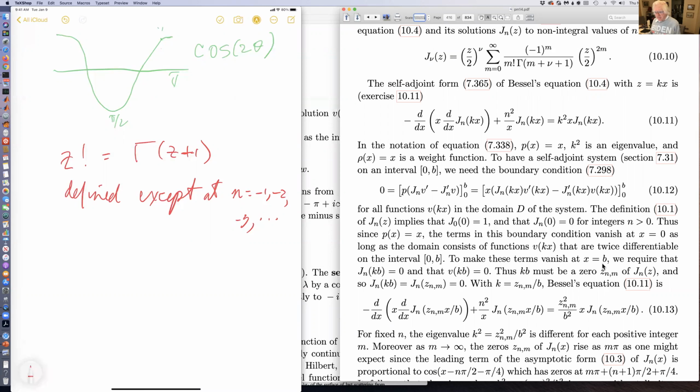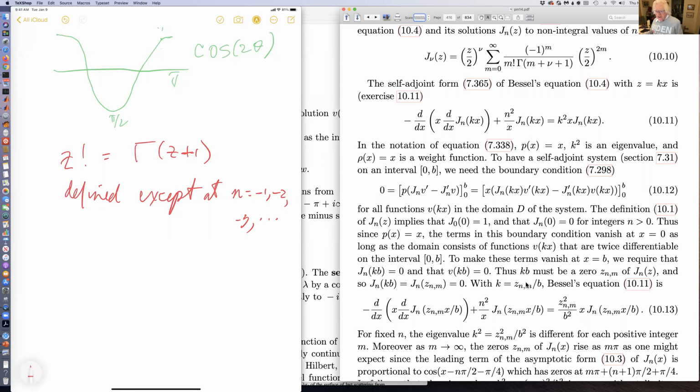To make them vanish at x equals b, we require that Jn of kb equal 0, that is, that v of kb vanish. What does that mean? Well, b is the endpoint of the interval, and that's typically arbitrary. It's set by the physical problem. It might be the radius of a drum surface, or the radius of a cylindrical waveguide.